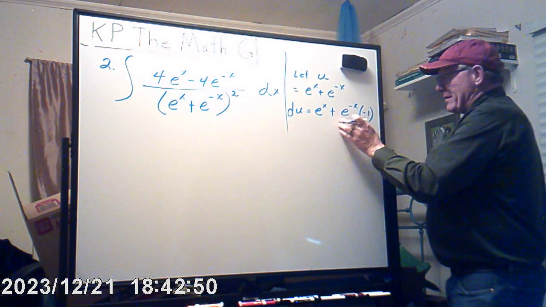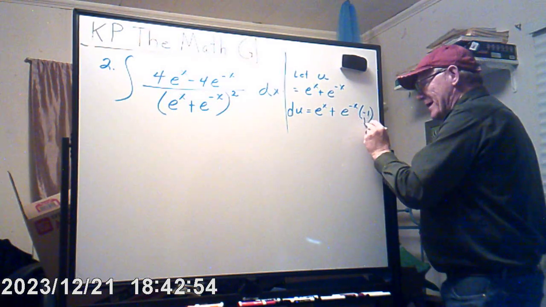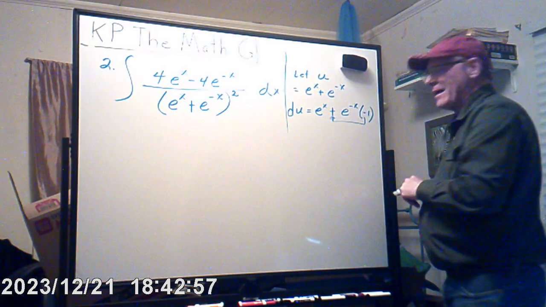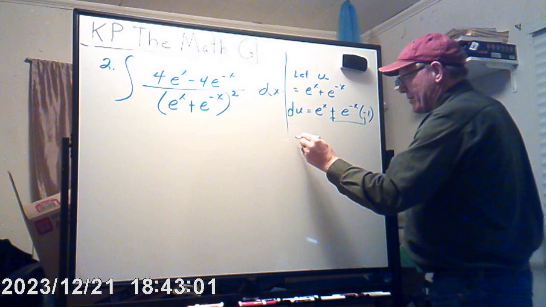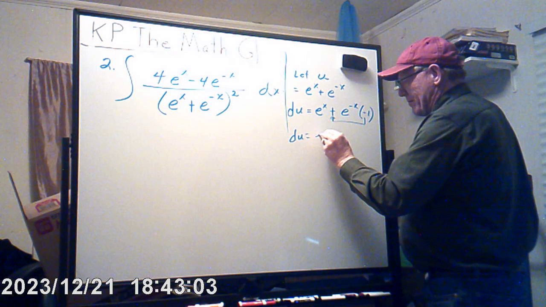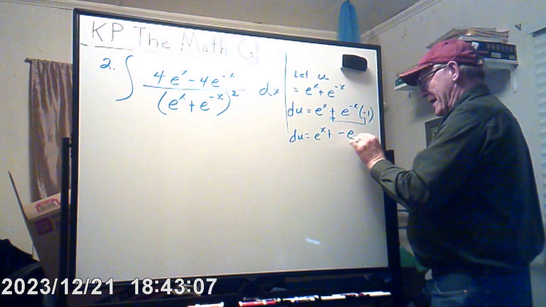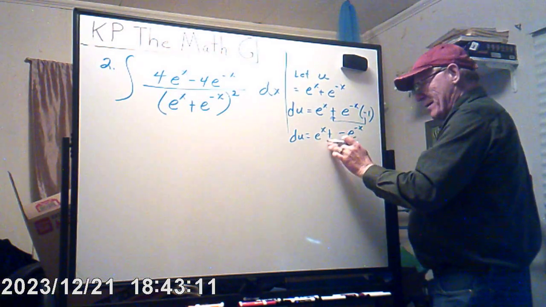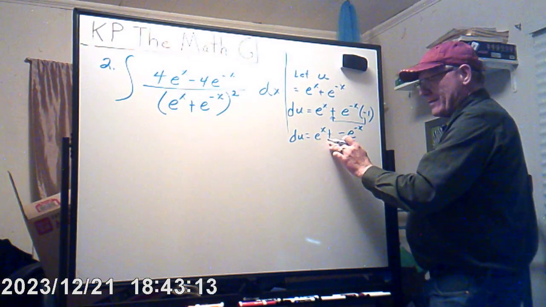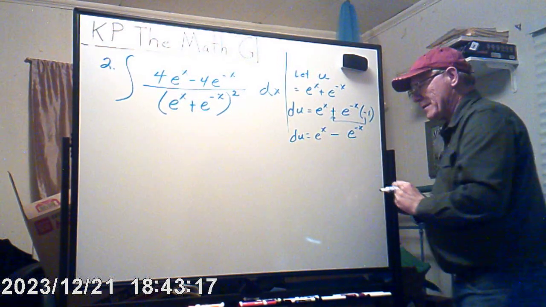I can put that negative as a minus sign right there. So du is equal to e to the x plus negative e to the negative x. I just don't have the 1 here. But what's plus a negative anyway? Plus a negative is simply minus.